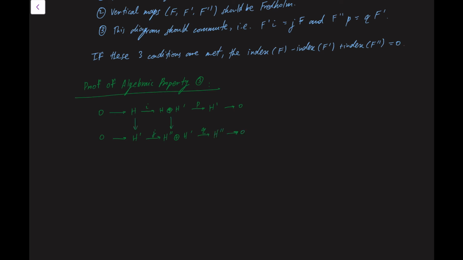And the vertical maps between each of these are as follows. We have F here, we have G here, we have G composed with F, direct sum with the identity over here. So this is the diagram that we're going to consider.